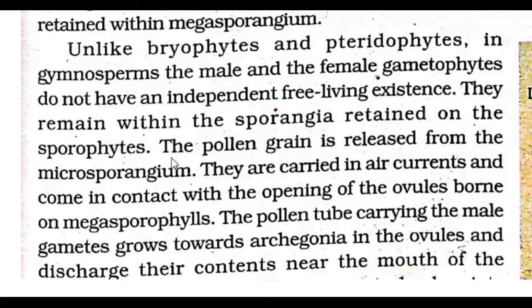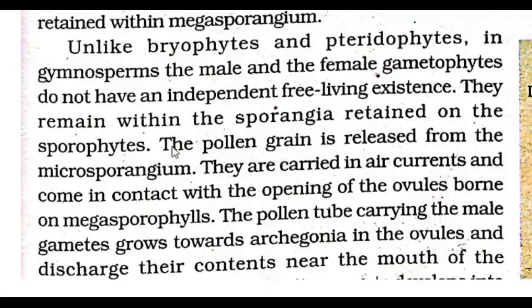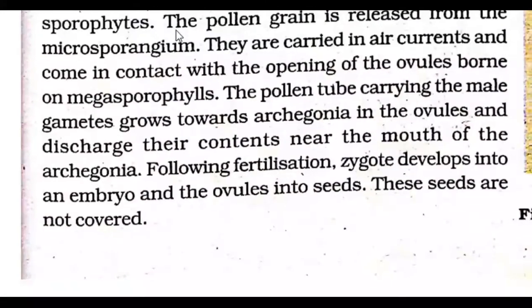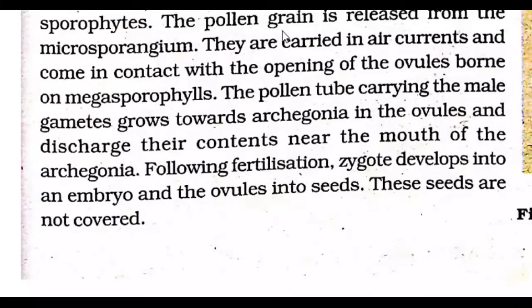The multicellular female gametophyte is also retained within the megasporangium. Pollen grain, the reduced male gametophyte, is developing in the microsporangium, and the pollen grain is released from the microsporangium.